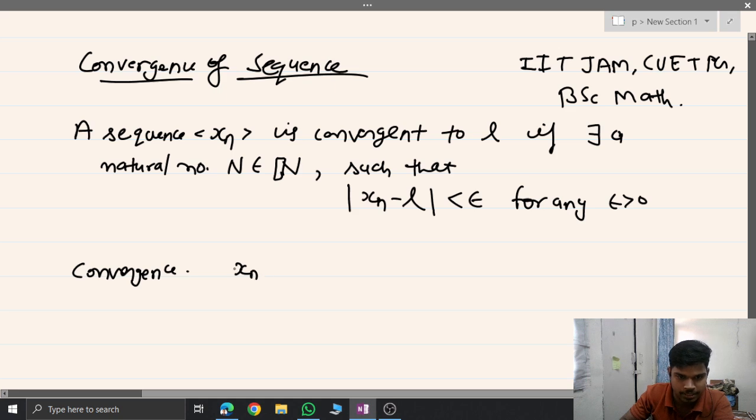So there is a sequence xn. It has terms like x1, x2, x3, x4, and so on.